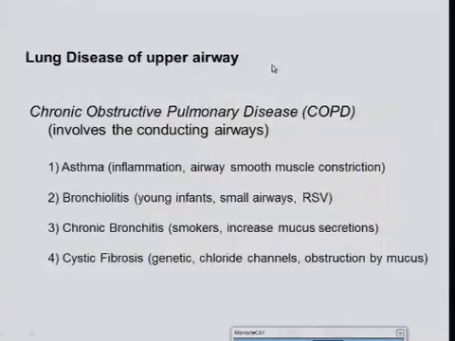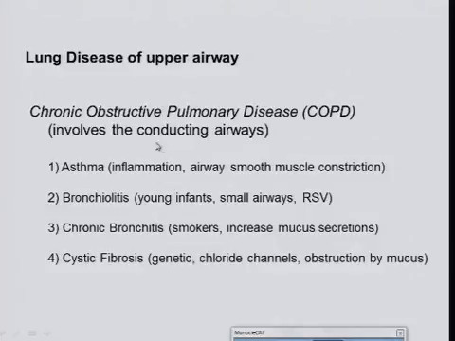So once again, we go back and we're going to talk about lung diseases continuously. We talk about lung diseases of the upper airway. Now, more specifically, this is a group of diseases known as chronic obstructive pulmonary disease, or COPD. This involves primarily just the conducting airways.